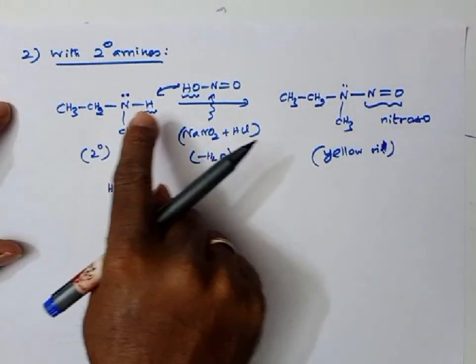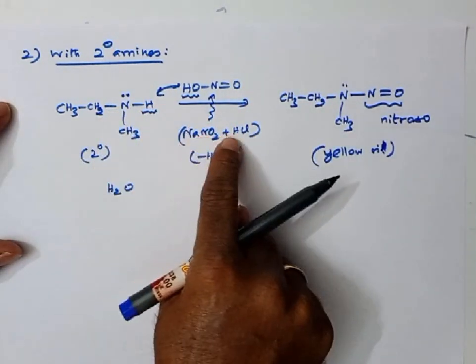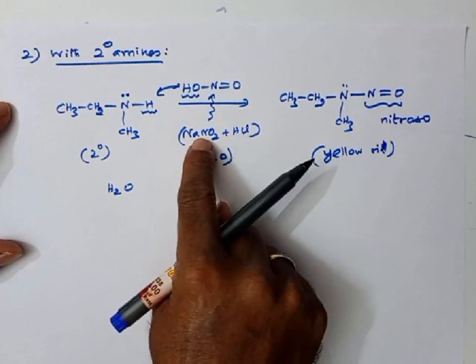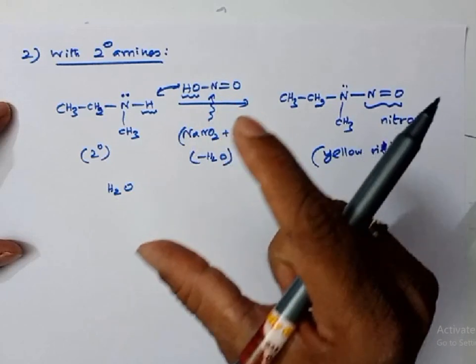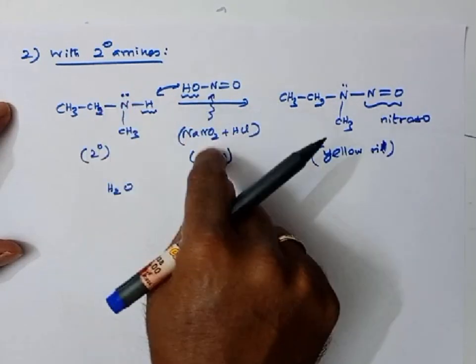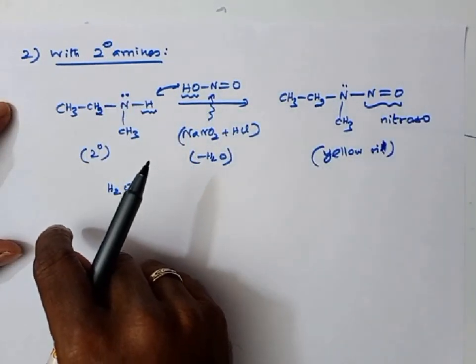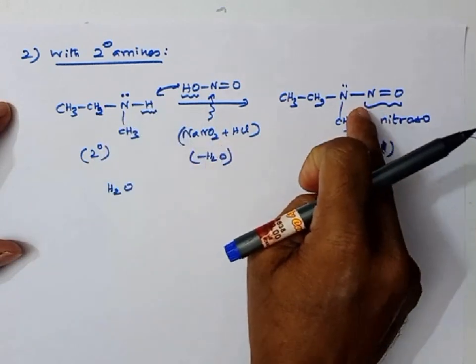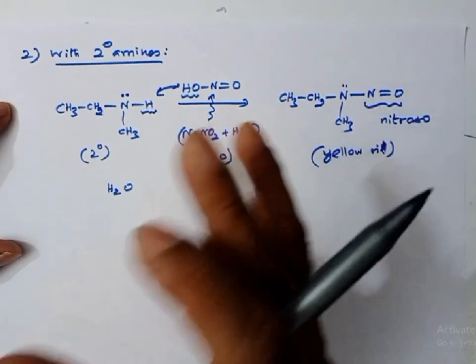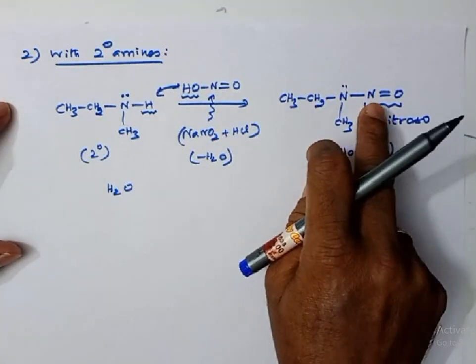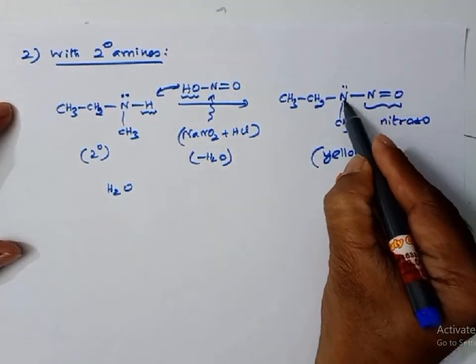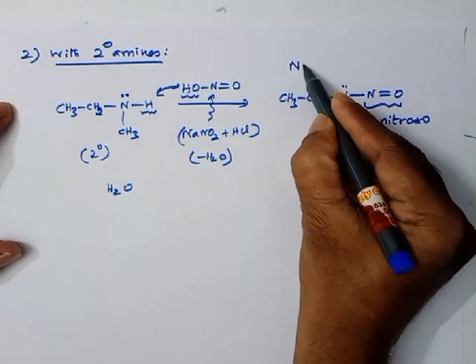Take the secondary amine. Both are aqueous solutions, aqueous NaNO2, aqueous HCl. If I mix these two, I will get a clear solution. In that solution, you add the given secondary amine. If you add a secondary amine, you will get a yellow oily liquid or yellow oily turbid liquid. It is due to the formation of this compound. It has an NO group on nitrogen, so N-nitroso.